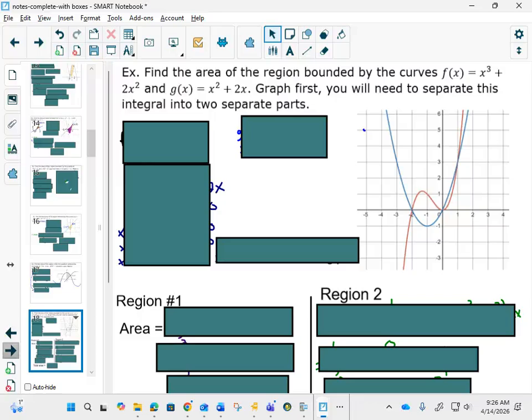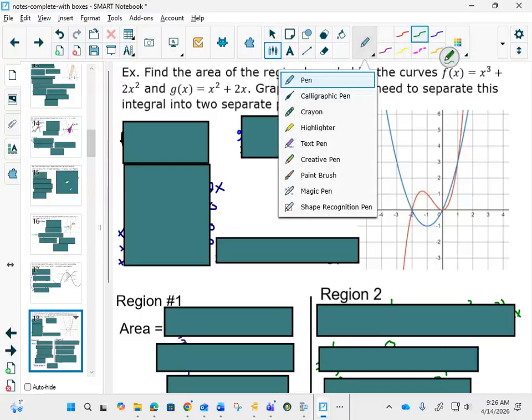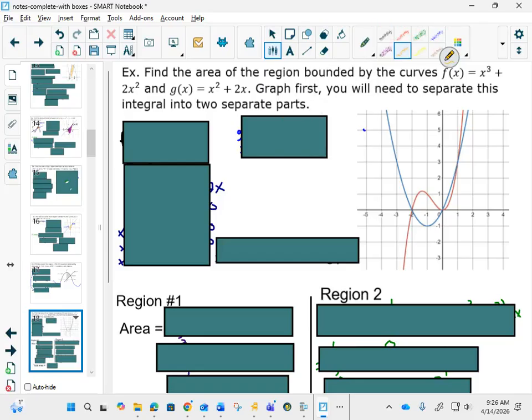I talked about this one early last time. I'm going to highlight it with coloring here, not with a highlighter, my crayon. We have this orange section, area between 2 curves.